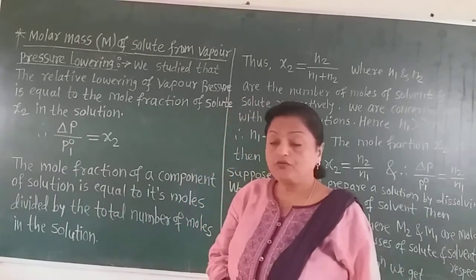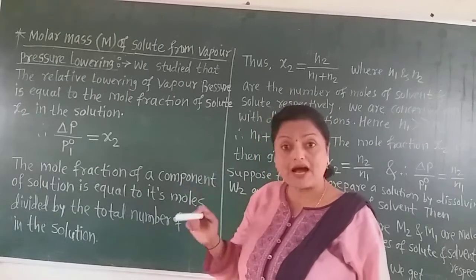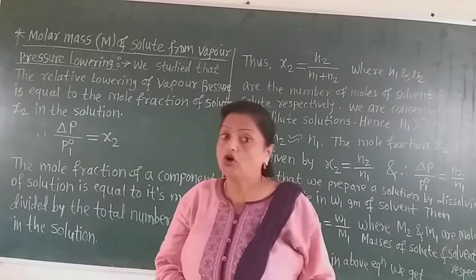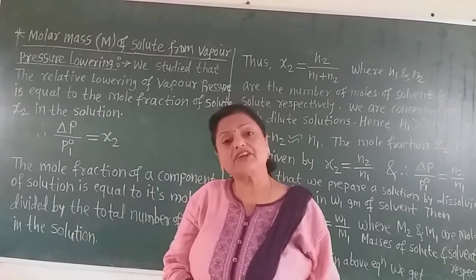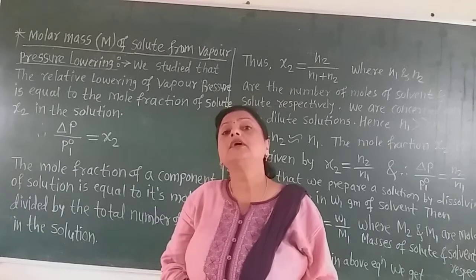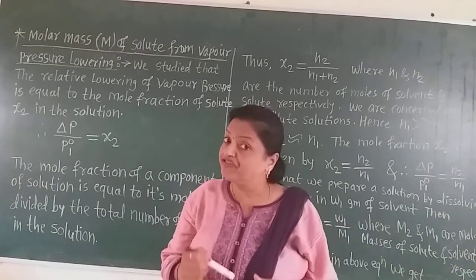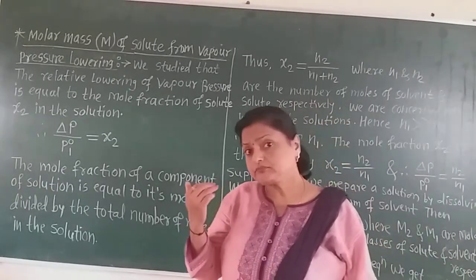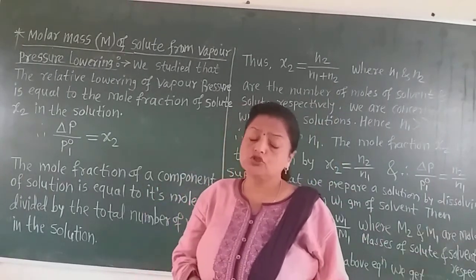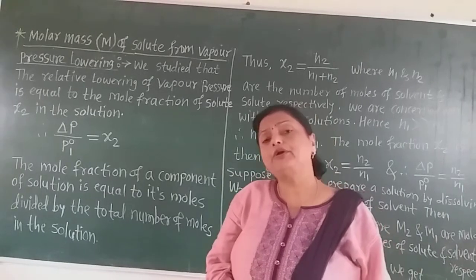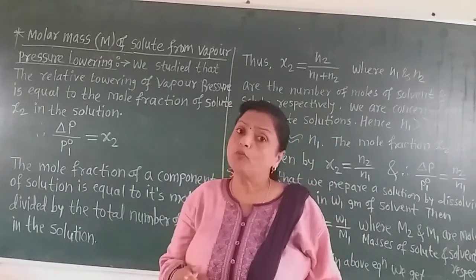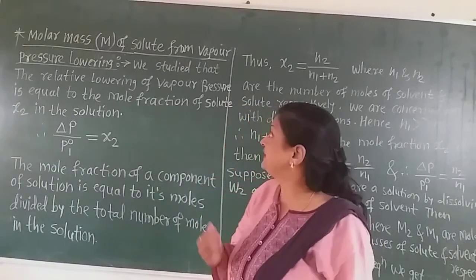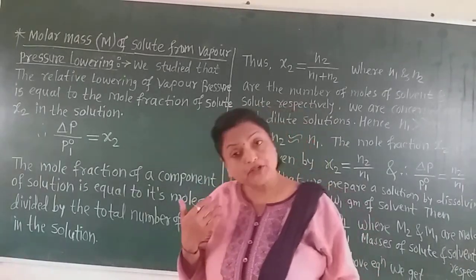Now today we have to calculate the molar mass of the solute from vapor pressure lowering, because these colligative properties are very useful to calculate the molar mass or molecular weight of the solute, that is the unknown solute. So we can easily calculate the molar mass of the solute by using this colligative property, that is the vapor pressure lowering.